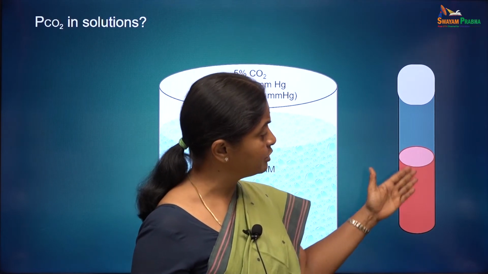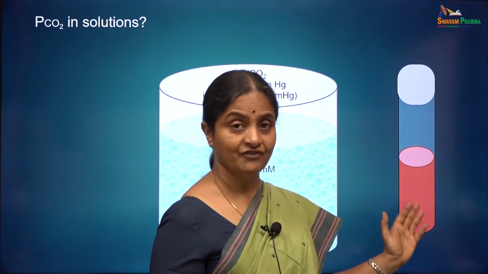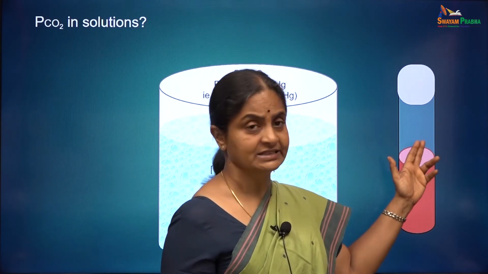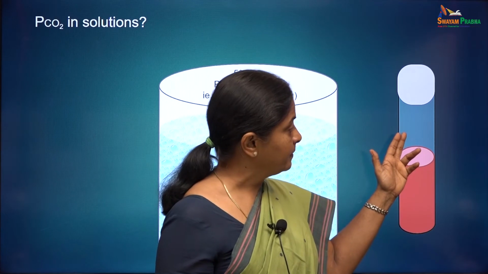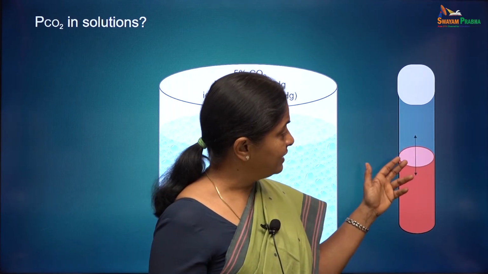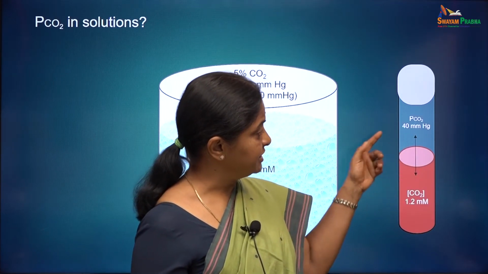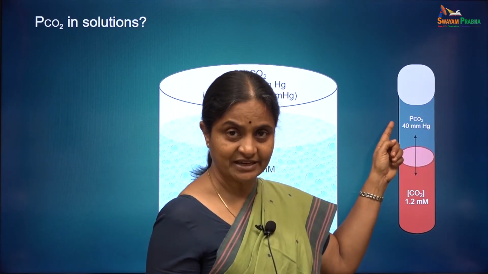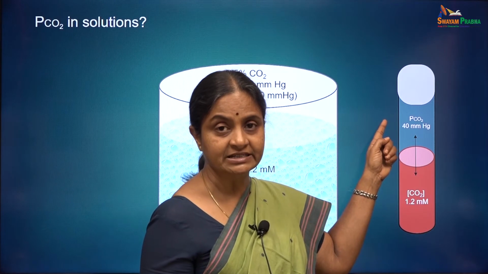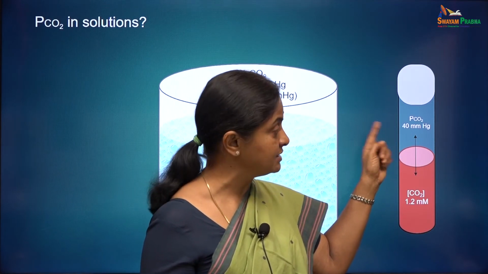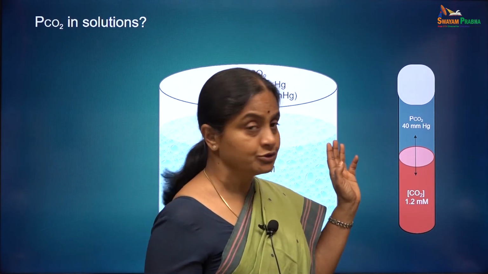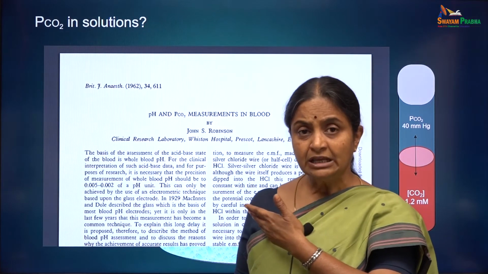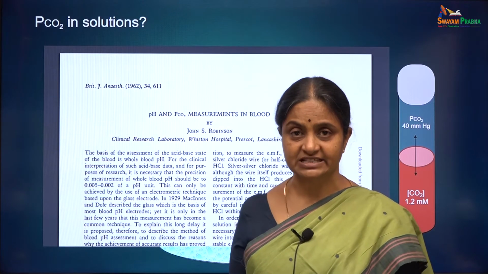Carbon dioxide will now be allowed to evolve out of the blood sample into a very small space above the sample. And then after equilibration, the partial pressure of carbon dioxide in this atmosphere is estimated. How actually it is estimated is beyond the scope of this class, and you could refer to this publication to see how exactly PCO2 is estimated.